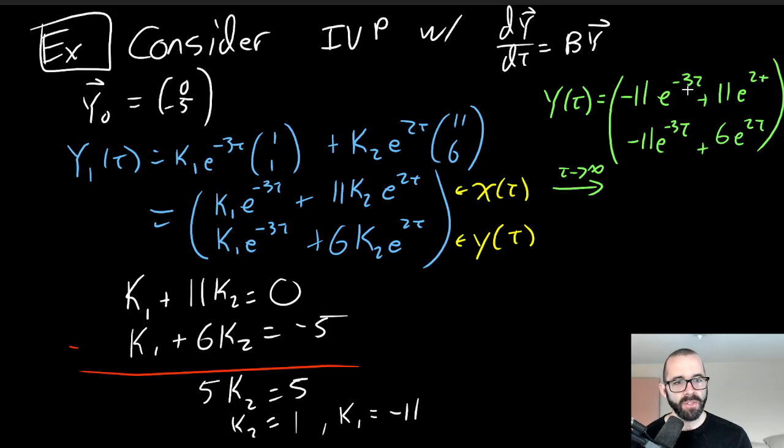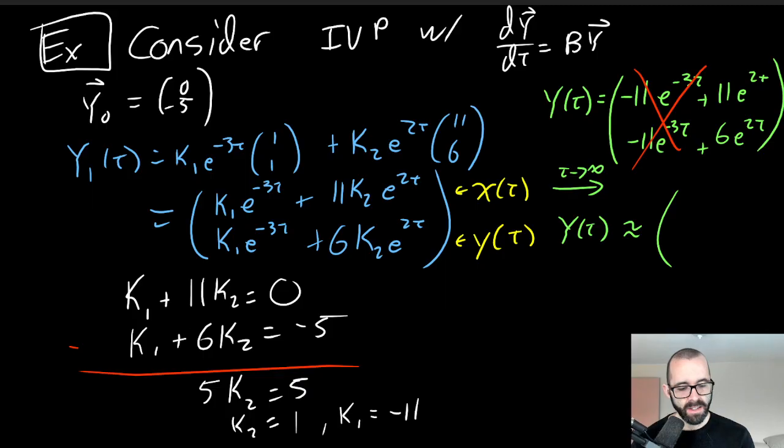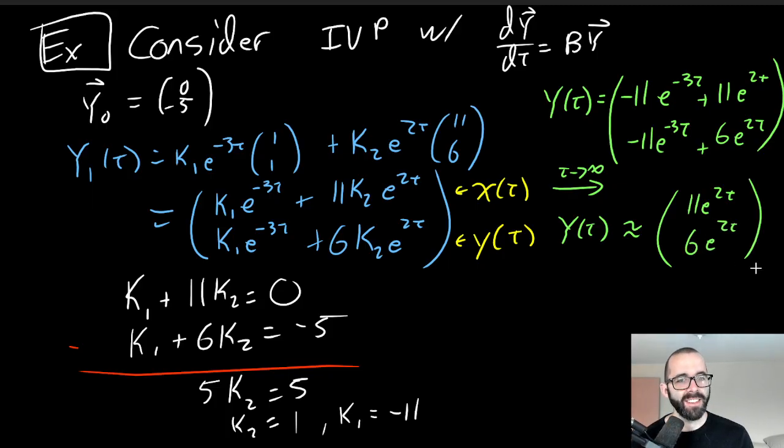Well, as t goes to infinity, this goes to 0, right? So as t goes to infinity, y of t essentially becomes this function. That is our straight line solution.